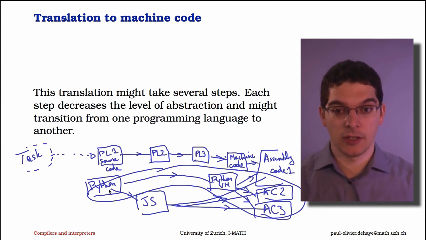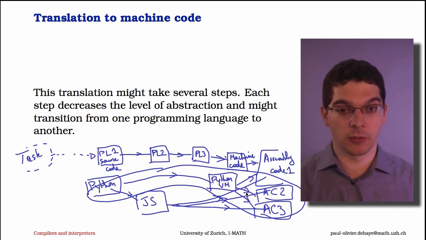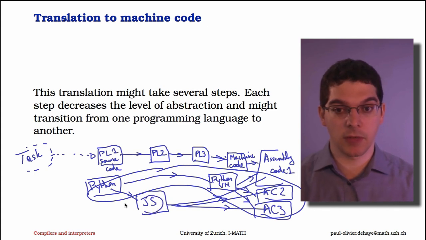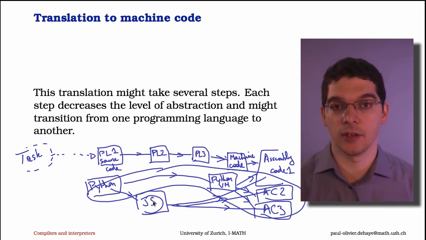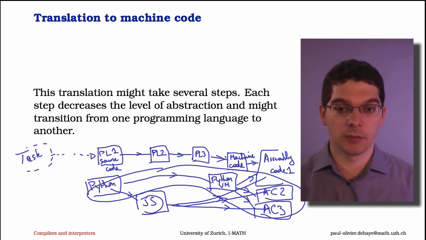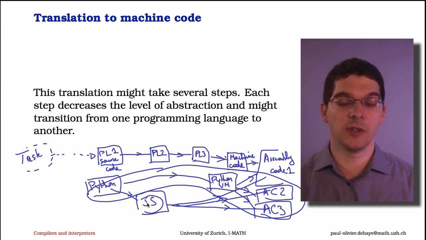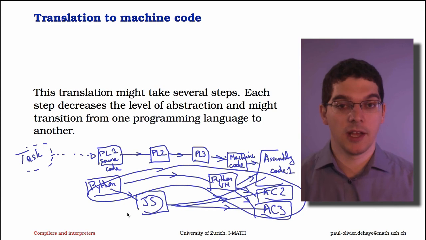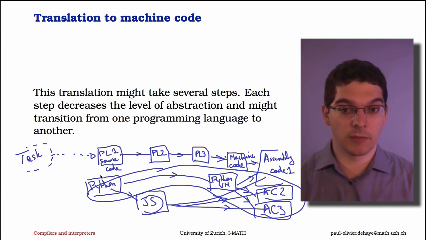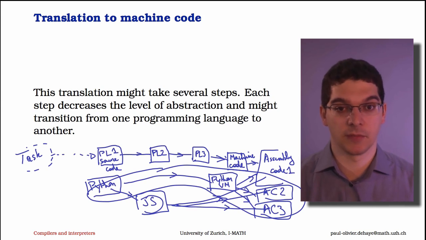In particular, the transition through JavaScript makes it possible for people to run Python without installing anything on their computer, because presumably they already have a browser installed, and once they have the browser, well, they probably have JavaScript as well, and so you can run a Python program within that browser, and that's the advantage of using JavaScript.